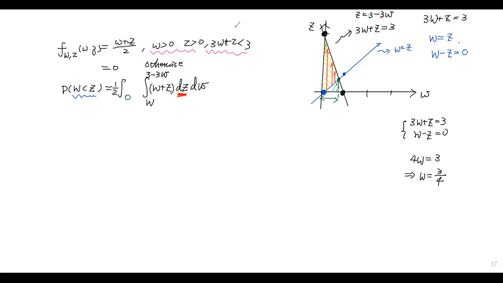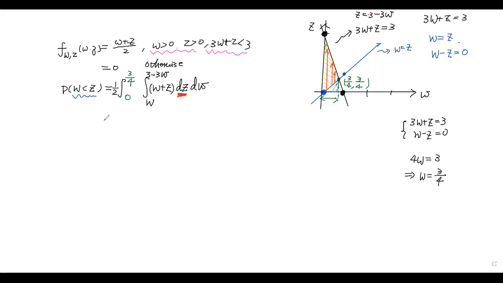So I know this point: W is equal to 3 over 4, and W equals Z, so Z equals 3 over 4. This is my point. So when I do the integration for the dw, it will be 0 to 3 over 4. Then your problem becomes very simple.